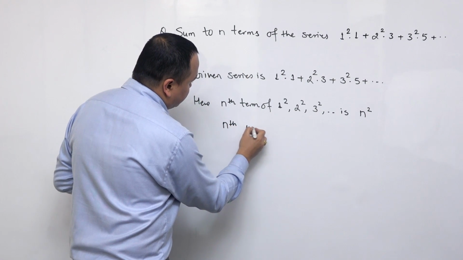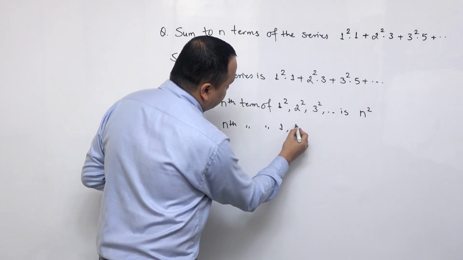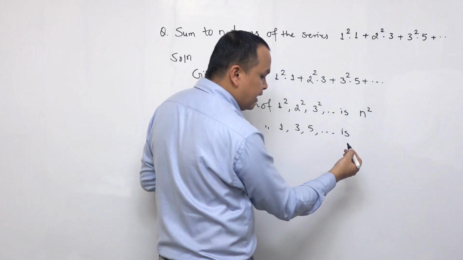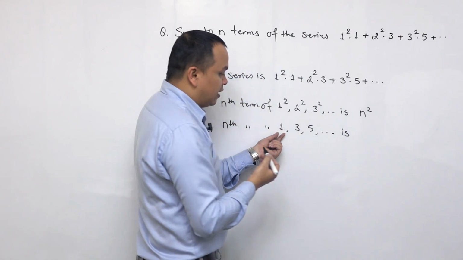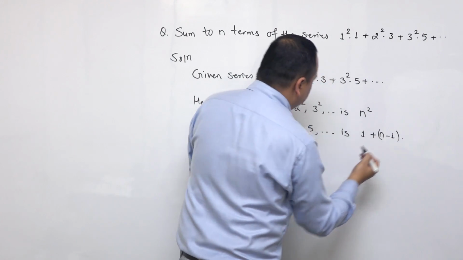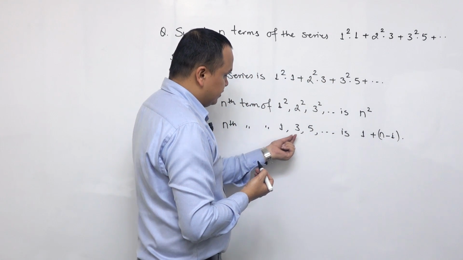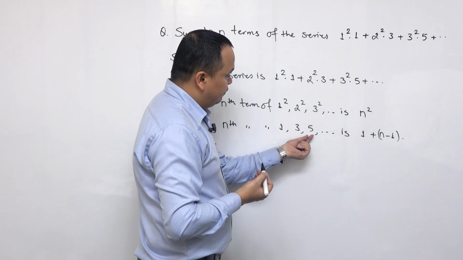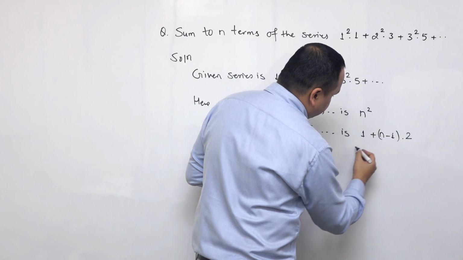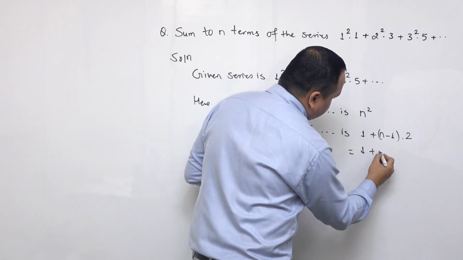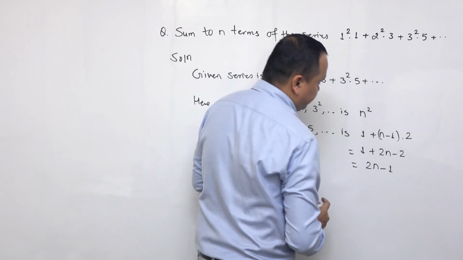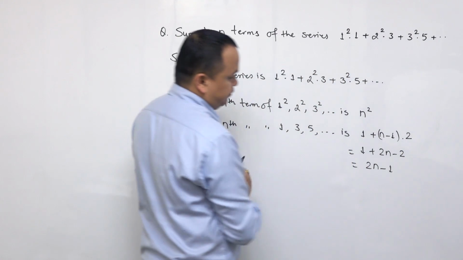Similarly, nth term of 1, 3, 5 is a plus n minus 1 times d. We have a is 1 plus n minus 1 times d. D means common difference: 3 minus 1 is 2, 5 minus 3 is 2. So d is 2. Or this is 1 plus 2n minus 2, that is 2n minus 1.